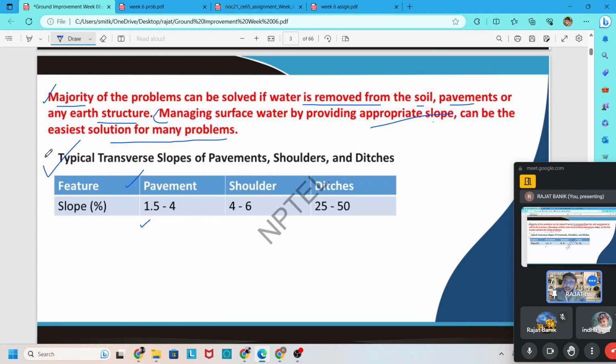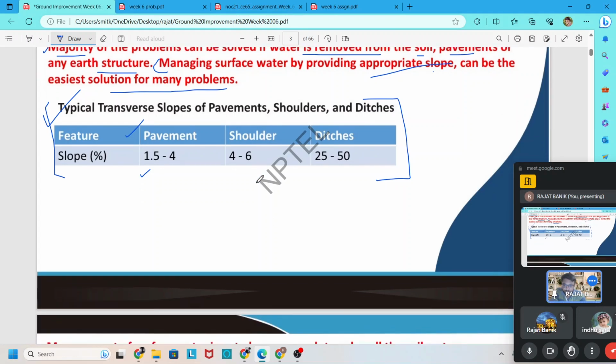But this removes water only up to a few percentage in our construction site. To deal with the majority of the problems, we need to introduce some other techniques to remove the water from the construction site.